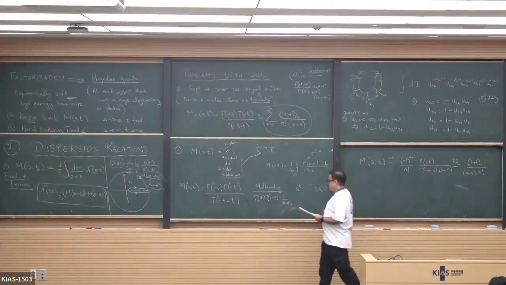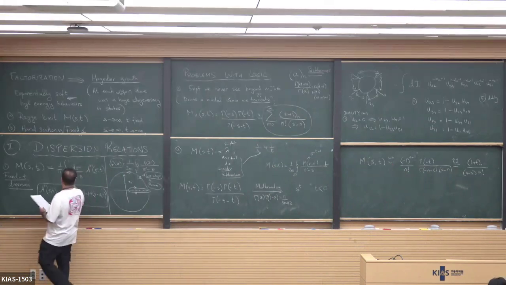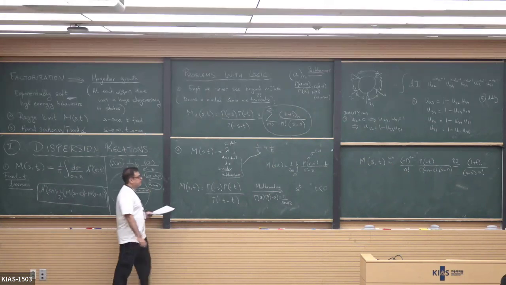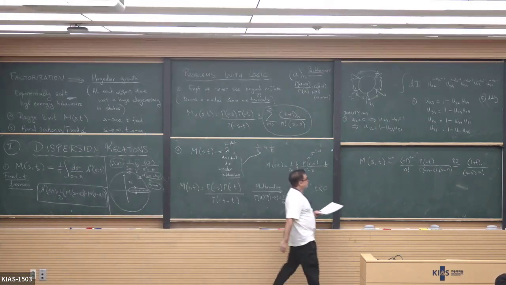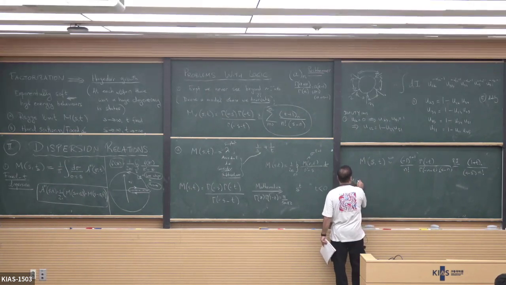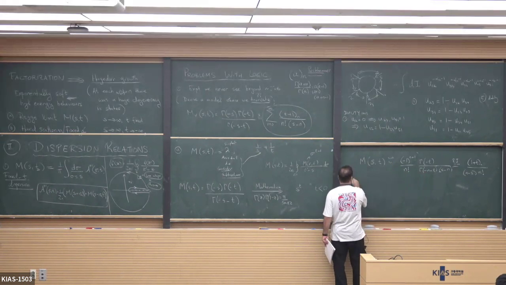So this is around an integer, and we have to take the contribution of all the poles along the real axis. So you have to sum over that. So the discontinuity here, let's just focus on the denominator. When you're calculating the discontinuity, you're going to be calculating something that looks like this.